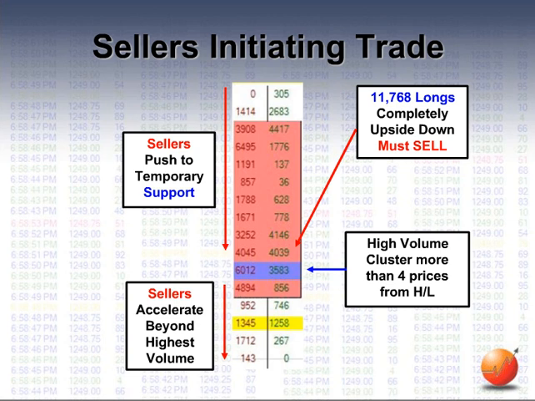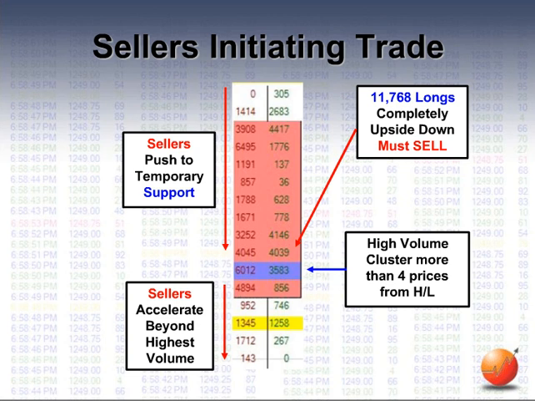Now what happens if I'm long and I have to get out of the market? I have to sell, right? Well, if we're in a breakdown and sellers are initiating trade and then we hit stops that send off more shorts, what happens? It's like throwing gas on a fire, right? The market moves very rapidly.